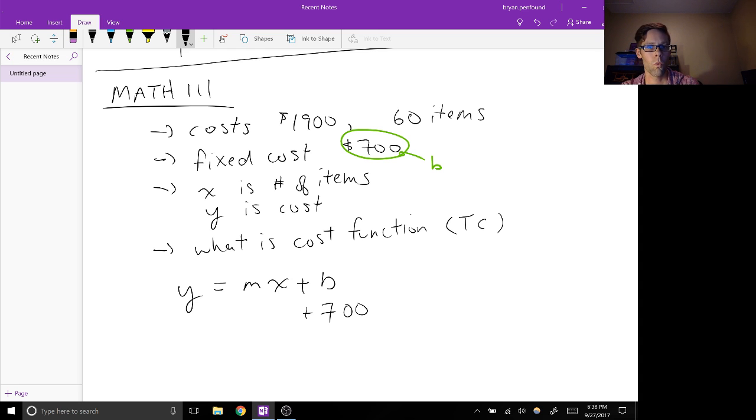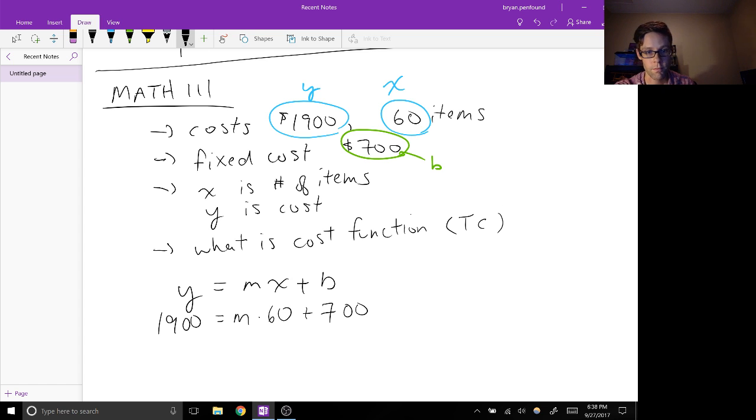What the setup is doing is giving you an actual ordered pair, a particular x value and a particular y value that lie on this line. So I'm going to substitute the 1,900 in as my cost and 60 in as the number of items that have been made.